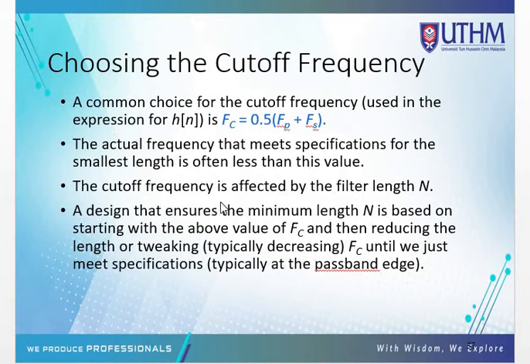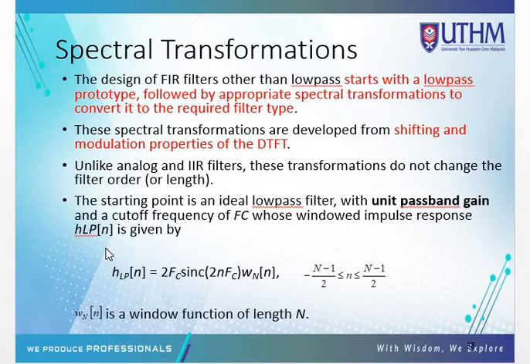So the cutoff frequency is affected by the filter length. A design that ensures the minimum length N starts with the above value of F_c and reduces the length until we just meet the specification at the passband edge.